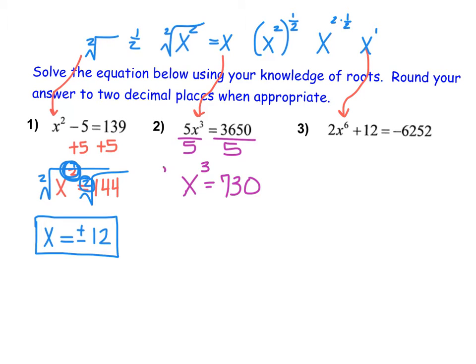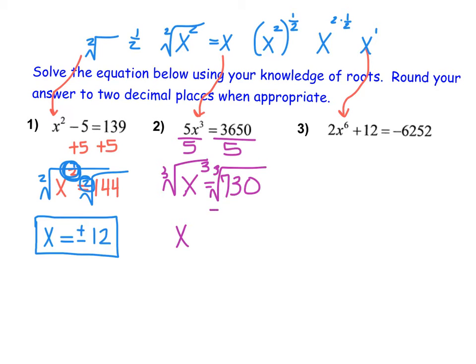In order to do that, I use the cubed root function, and if I do that to one side of the equation, I also need to do it to the other. Now remember, that cubed root function really becomes a power of 1/3, and when multiplied with 3, that results in just an x value on the left-hand side. Now 730, at least to me, is not a number that I know I can easily find.